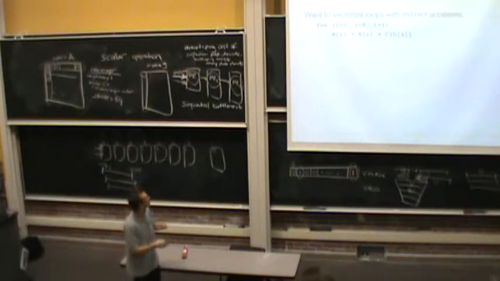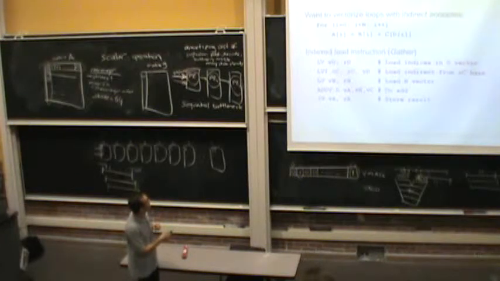Actually, let me go through this. Basically, there's a gather instruction. What it does is you can load indirect from this C base. You really want to add the index that's coming out of the D array into the base address of the C. And there's a load indirect instruction that accomplishes this.